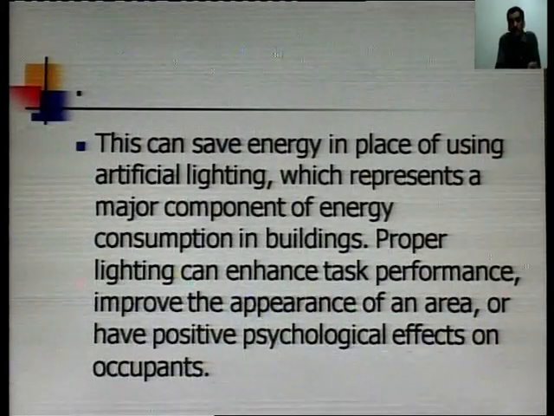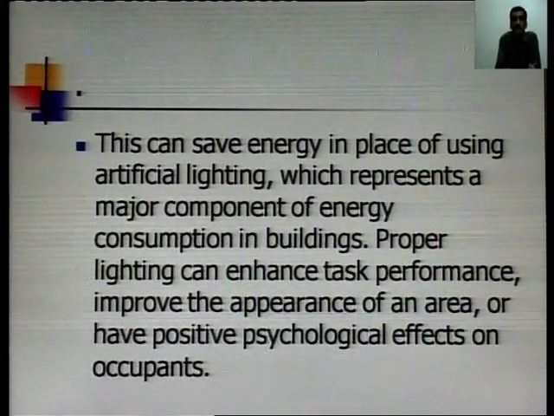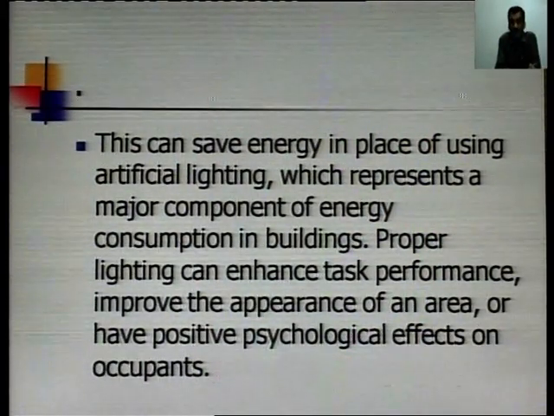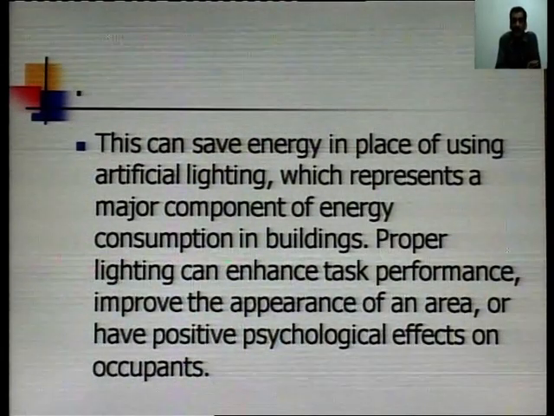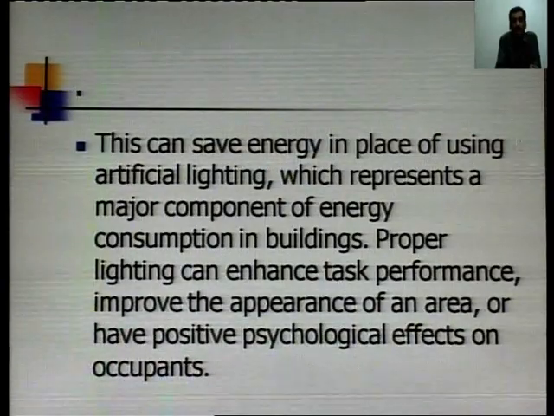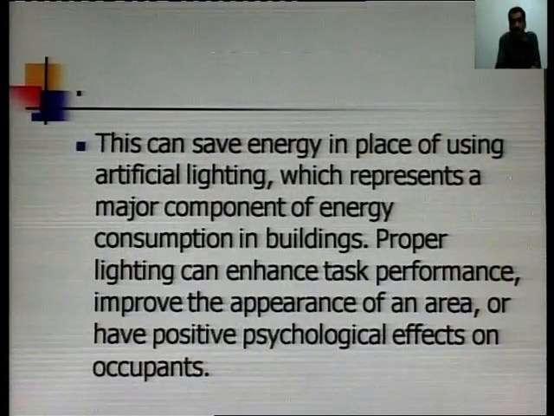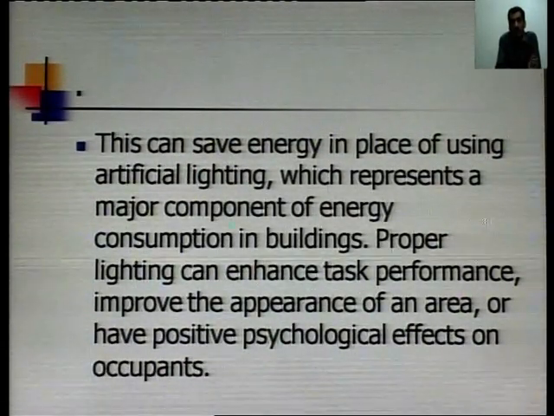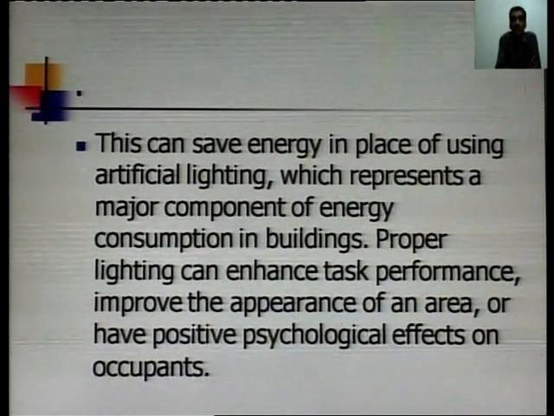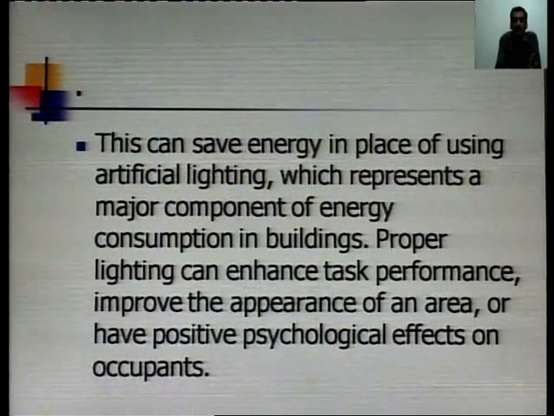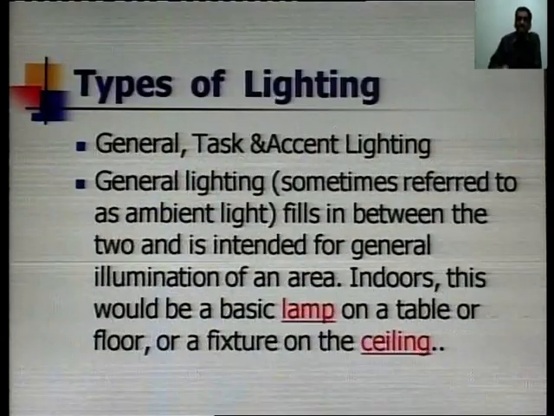If a student is sitting or the teacher is standing, it shouldn't come from the back. It should come from the left or right of the desk. If a student is studying, the light should fall from the left-hand side or the right-hand side. If it is from the rear, it will create glare on the blackboard, and the student or user in the classroom will not be able to see what is written.